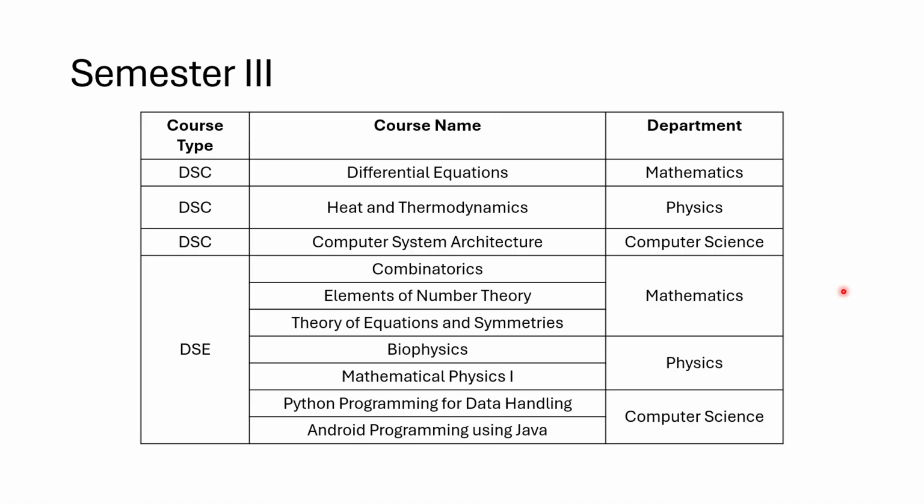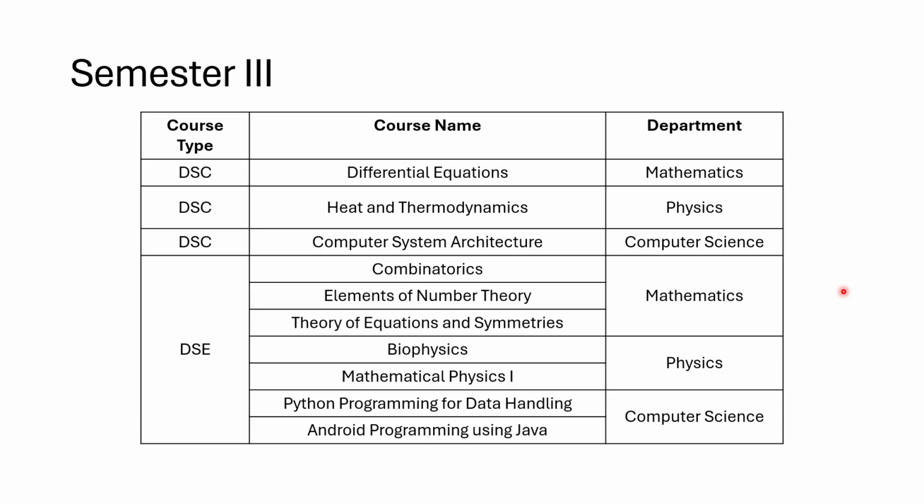However, the GEs will be offered from departments which do not control or offer your course. Fine. In semester 3 and 4, and listen carefully, if it's required, rewind and listen again. In semester 3 and 4, you have to choose one course among GEs and DSEs. That means you either choose one of the GEs offered to you or you choose one of the DSEs offered to you. That's for semester 3 and 4.